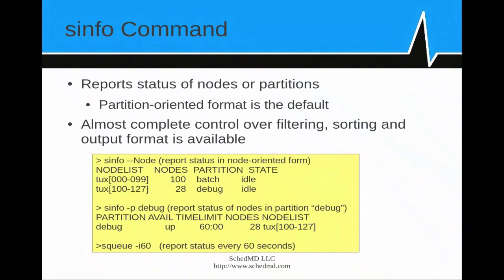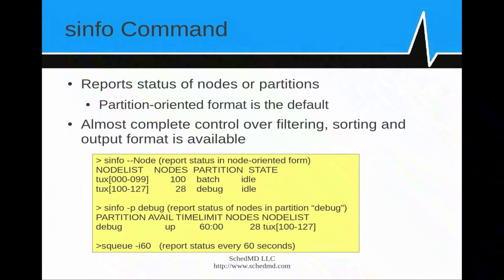I'm not demonstrating the formatting or sorting capabilities here, but if you want information about nodes, sinfo --nodes prints out a node list, broken out by partition here. If you want information about a particular partition, for example, sinfo -p pdebug on the other line.